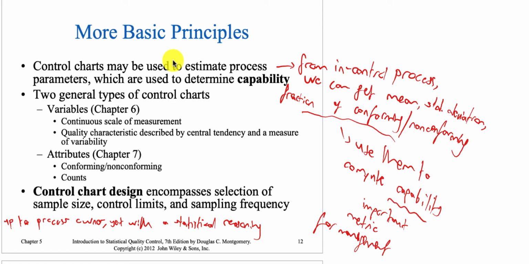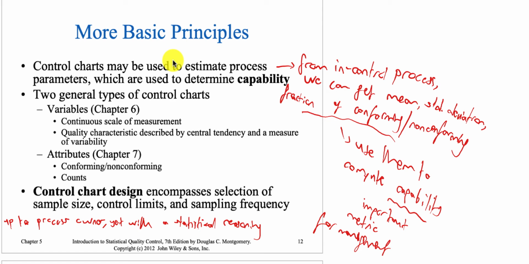If our data is continuous, we use control charts for variables, like the X-bar chart and range chart, R chart. If it's attributes, or discrete, like counting data or percentage data, it's called control charts for attributes. We use the C chart and other charts as well, but we are going to see those in the next chapter, chapter 7. Do not worry about it right now.